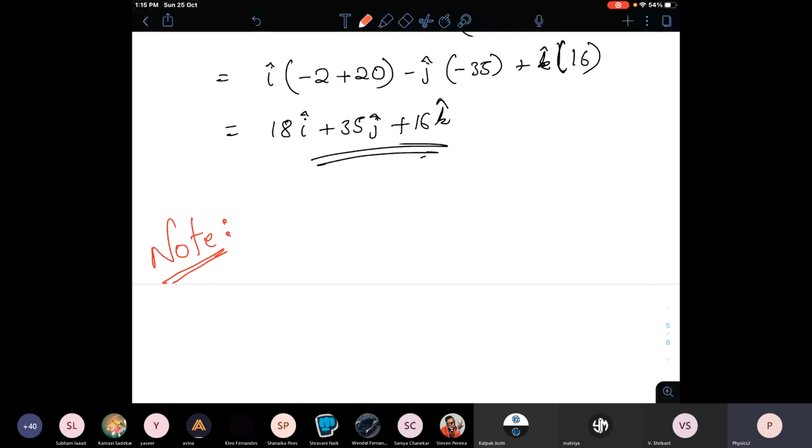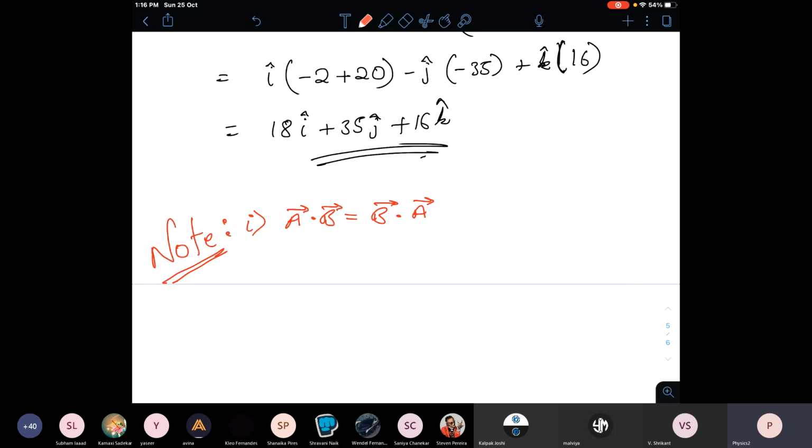So the first point is that A dot B is equal to B dot A. Go back to dot product. You will remember that I had told you that A dot B and B dot A represent projections, the geometrical meaning.